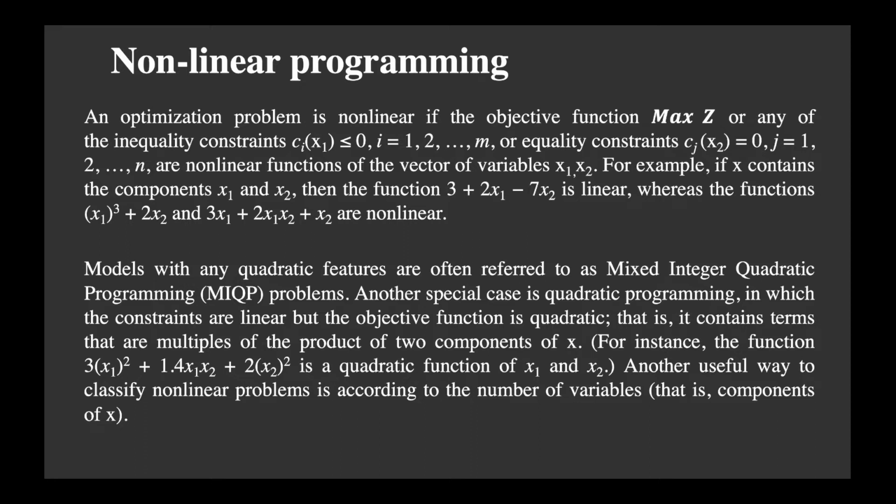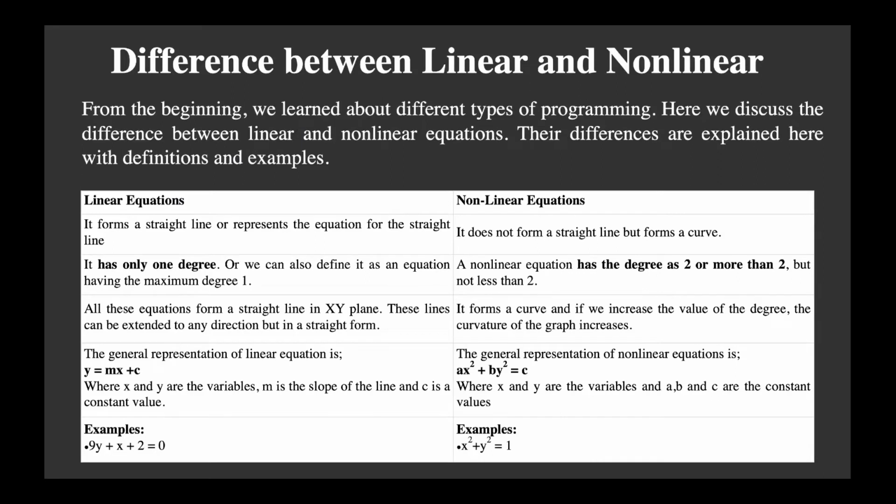For instance, the function 3 x1 squared plus 1.4 x1 x2 plus 2 x2 squared is a quadratic function of x1 and x2. Another useful way to classify nonlinear problems is according to the number of variables, that is, components of x. From the beginning, we learned about different types of programming.